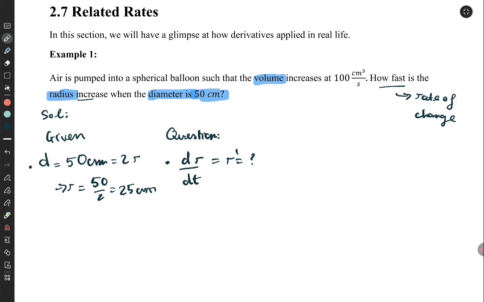Next, we talk about the volume. The thing that connects everything together is the volume. Something about volume relates to this number, 100. What do they give you? Do they give you this?